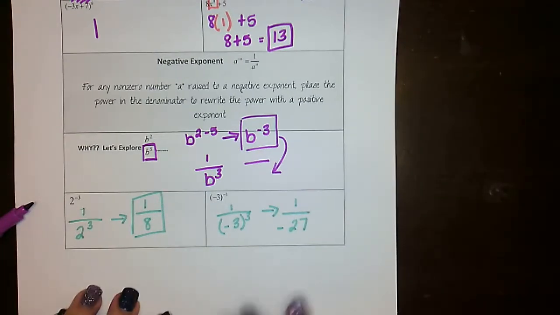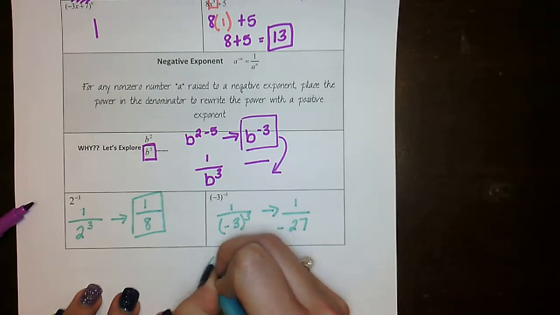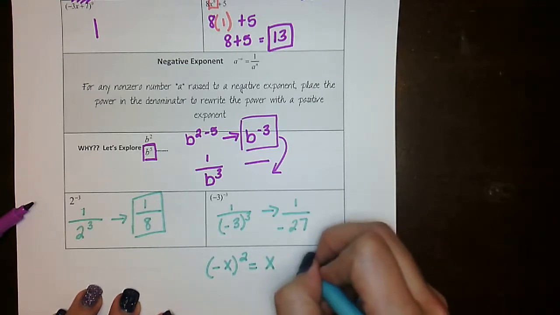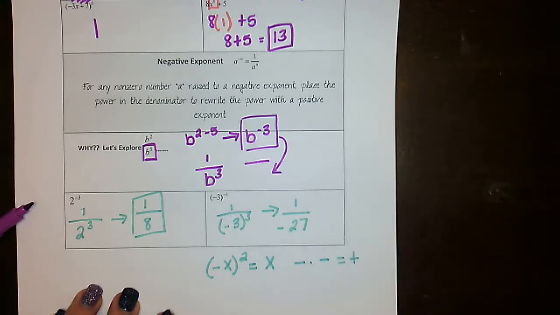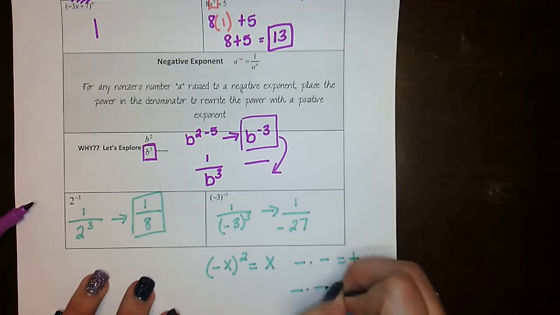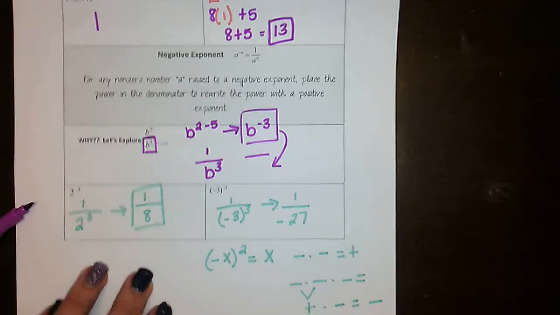Keep in mind that if you are raising a negative to a positive power, so if I have negative x squared, it's not going to be a negative x, because it's the same thing as negative times a negative, which equals a positive. Because this is 3 times, I have negative times negative times negative. So a negative times a negative makes it a positive. I multiply by a negative. I'm still left with a negative. So that's why this negative stays.